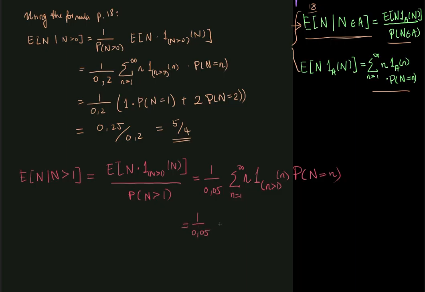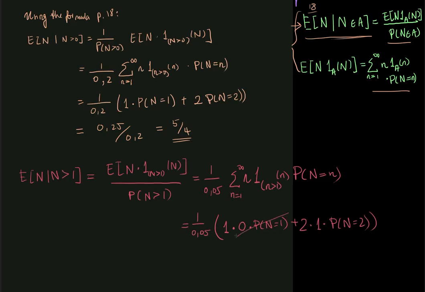Now let's try to write this out. For n equal to 1, this indicator function evaluates to 0 because 1 is not strictly greater than 1. For n equal to 2, the indicator function evaluates to 1 because 2 is indeed greater than 1. And then we multiply with the probability that n is equal to 2.